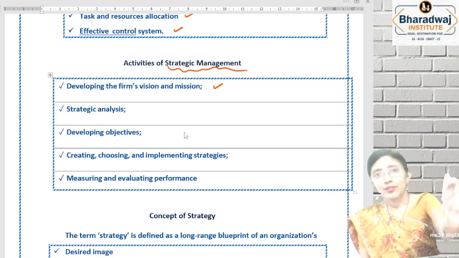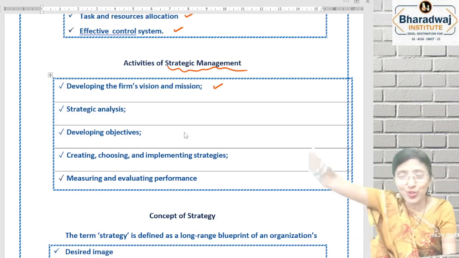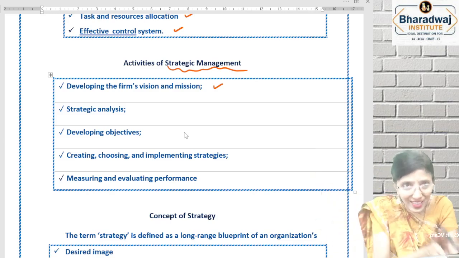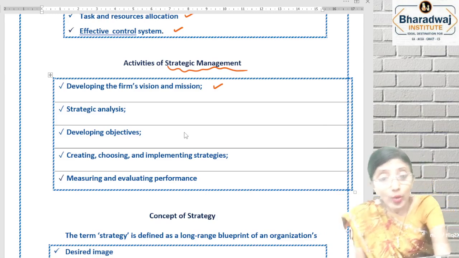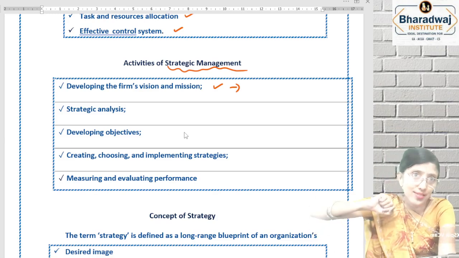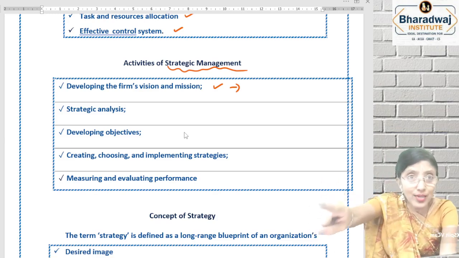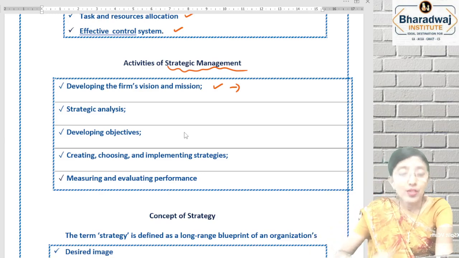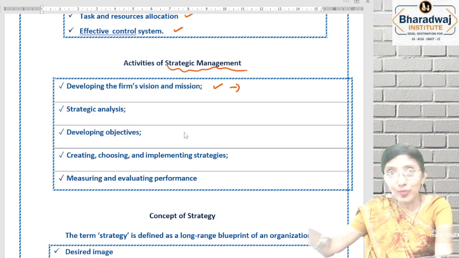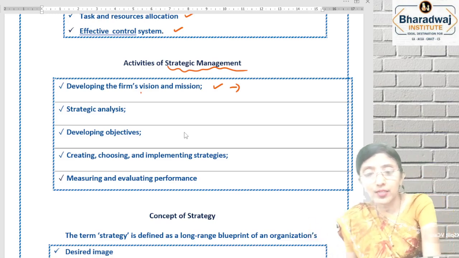Fantastic. Vision is futuristic. It is for the future. Mission is current performance. And why is mission important? Because your current stakeholders, to them you have to answer that this is my performance. Which shareholder will stay without knowing your current performance? So fantastic answer, my dear student.